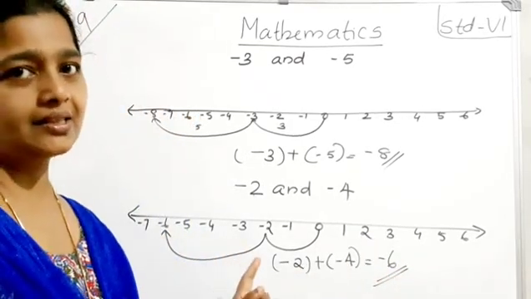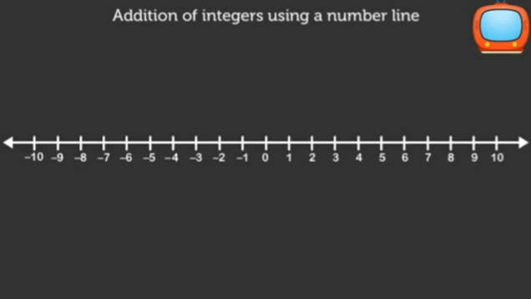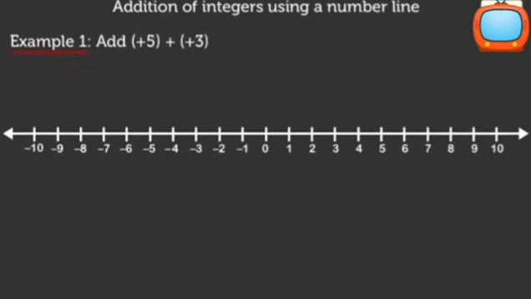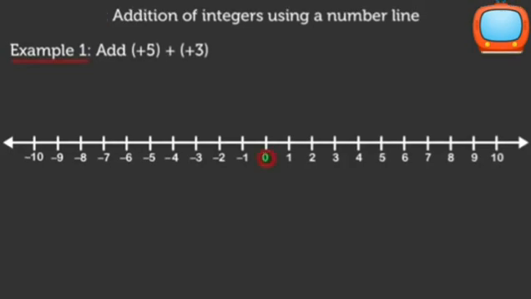Understand? Yes. Let us look at a few examples. Example 1. Add positive 5 plus positive 3. Firstly, start from 0 and move 5 places to the right. We reach positive 5.